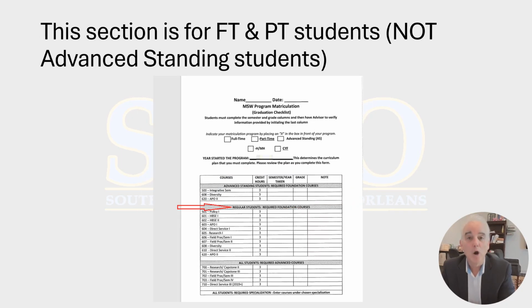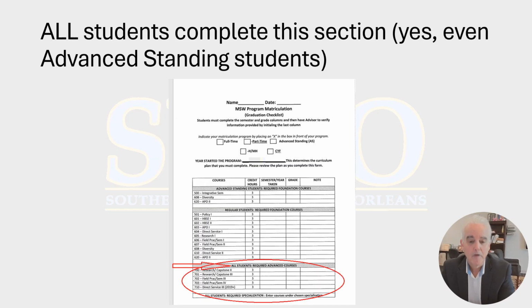Now, if you're a regular student, which is full-time or part-time, you will start with these boxes, filling in the semester you took the class and the grade that you earned and any note that your advisor needs to be aware of. Once you fill those in, those are the basic or the generalist year courses, then you move to the more advanced courses.